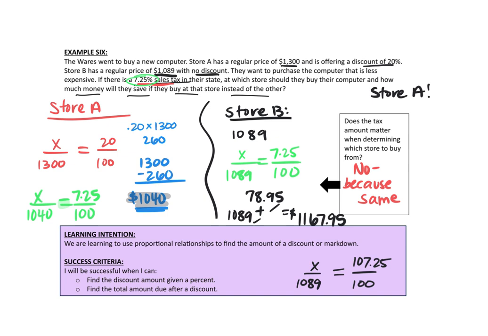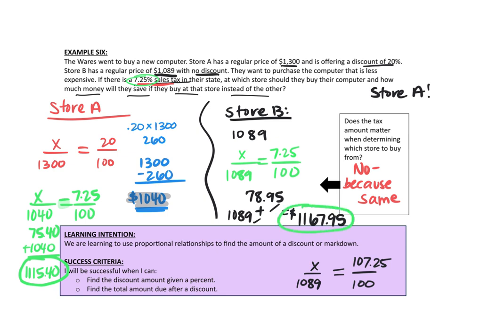You guys know how to solve this from here. Okay, looks like I'm paying $75.40 in sales tax. I need to add that to the $1,040. Okay, so I'm going to add that. I end up with $1,115.40. Okay, so my two prices, I'm just going to circle them for you to see, are that and that.